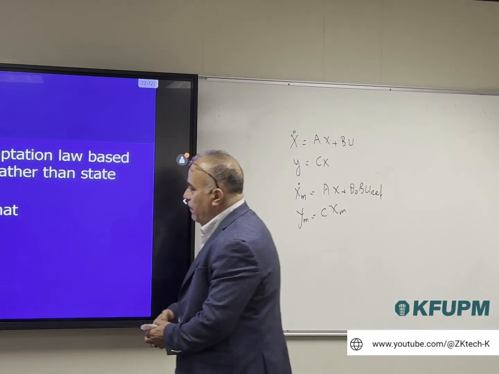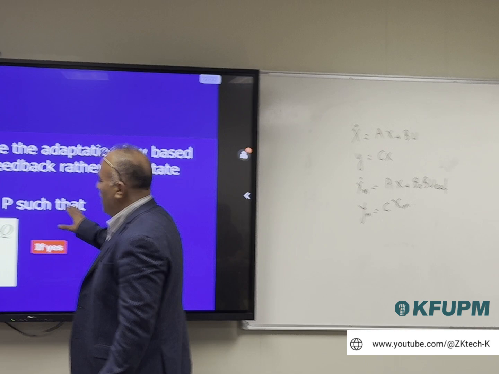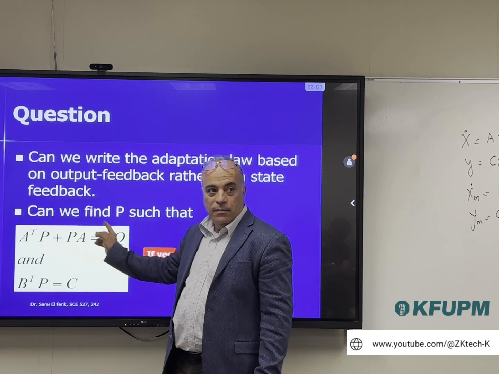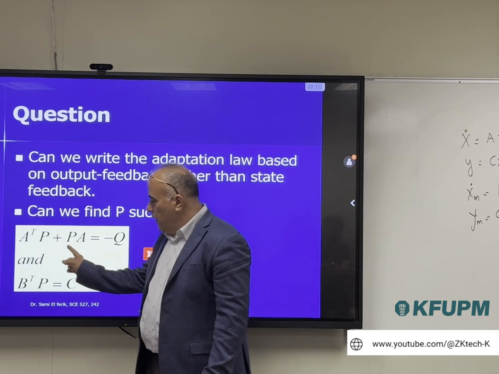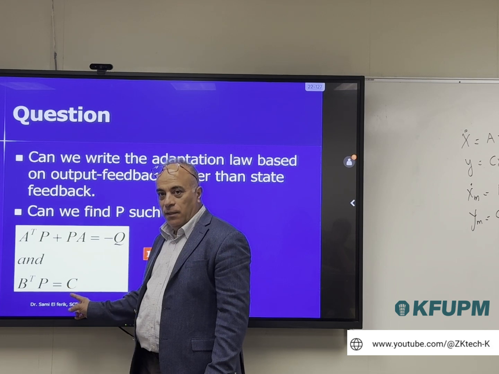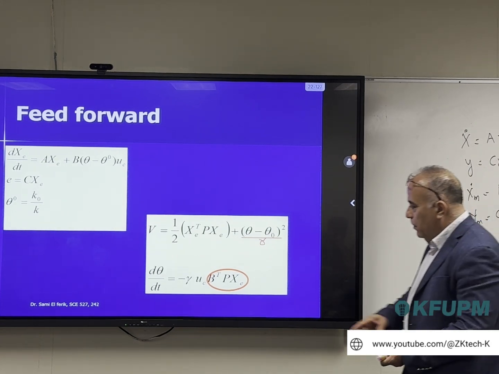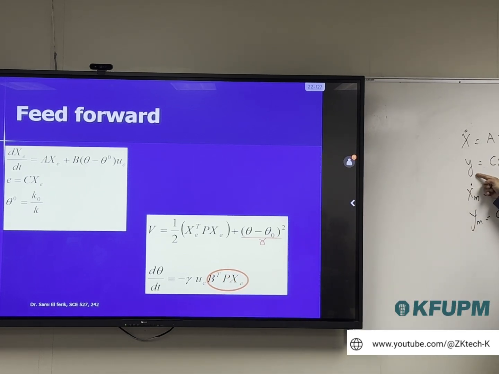So the system is then this. If you are able to find P such that P verifies the stability condition, which makes V prime negative, and it also verifies that B transpose P equals C, then go back here: if I have P such that B transpose P is equal to C, then C multiplied by XE will be equal to Y minus YM.